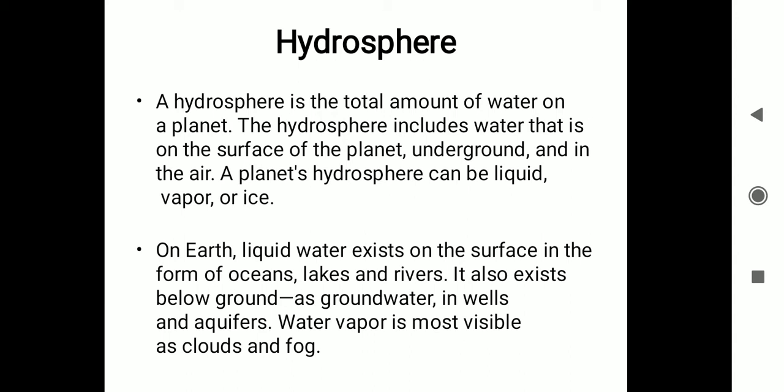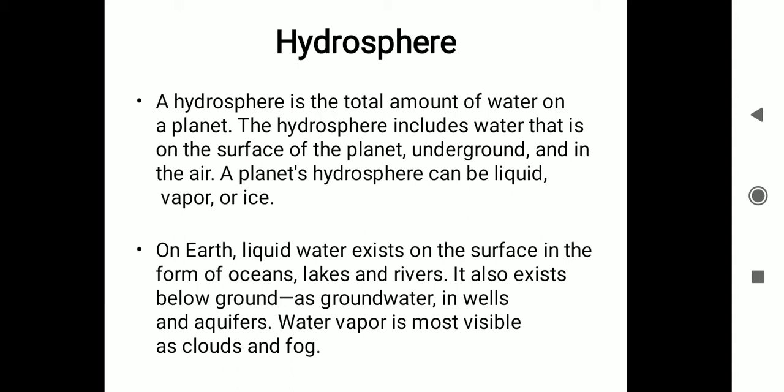First point, hydrosphere is the total amount of water on the planet, means in the form of oceans, seas, rivers, or other forms like lakes and everything. The total amount of water on the planet is called hydrosphere.